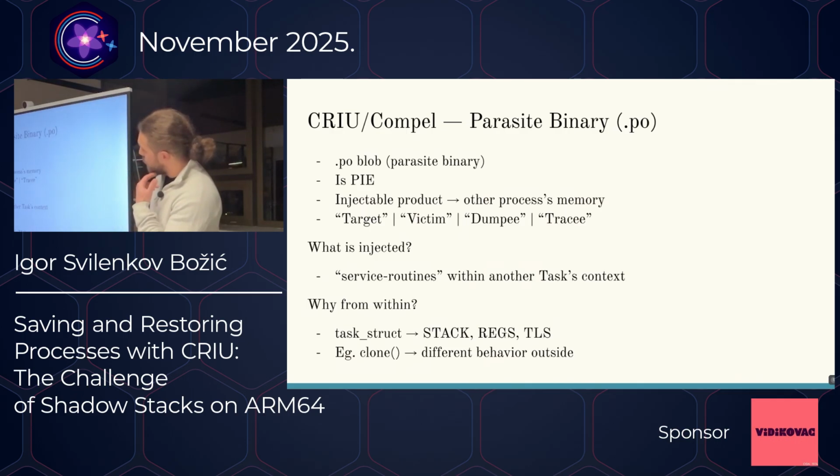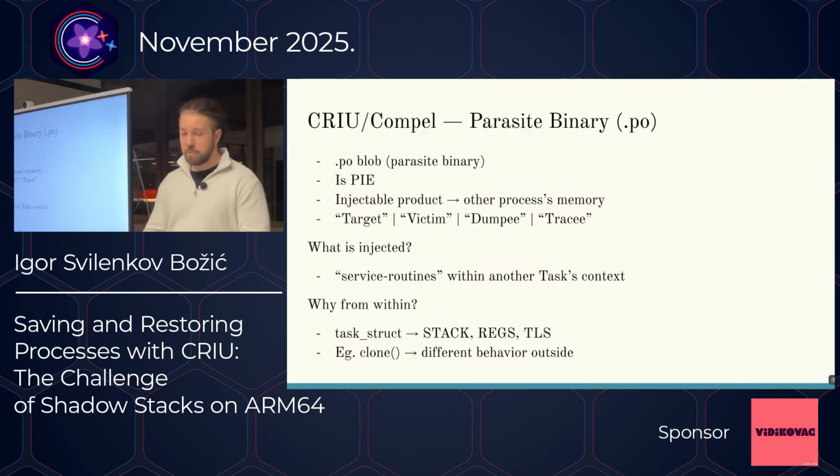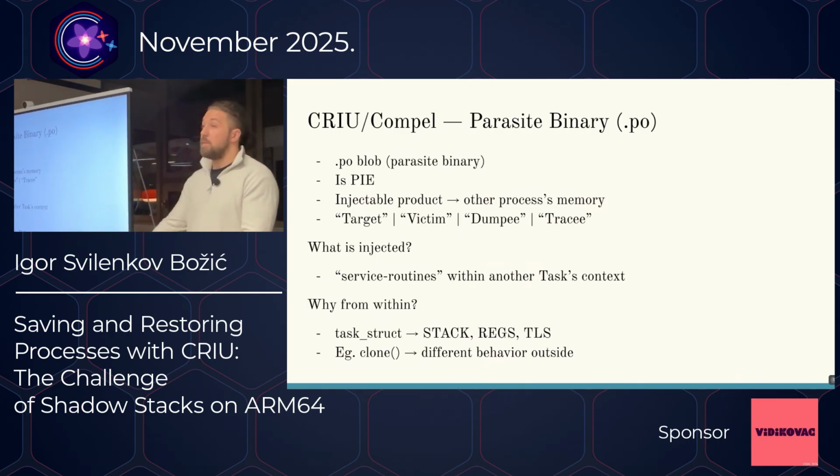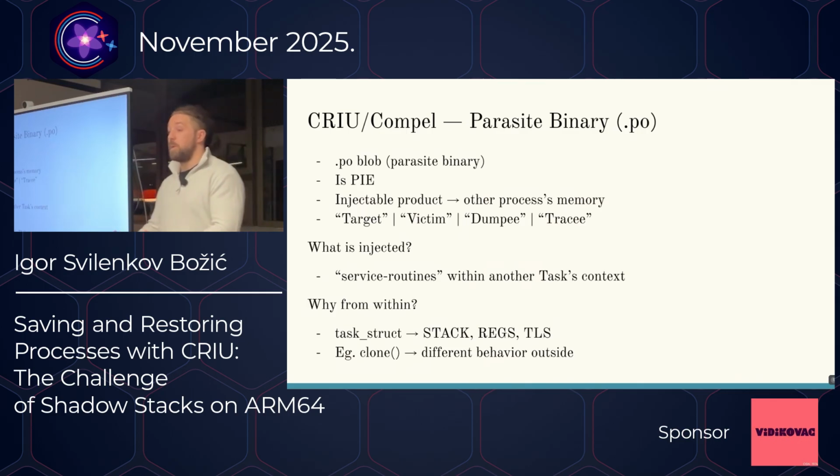Your victim process, where you put your parasite binary, is also sometimes called, especially in CRIU, the dumpee, the tracee when you're in tracer world, like strace, tracer and tracee, and target is just a generic name that's also used. And yes, CRIU injects this binary blob, whose purpose is to run so-called service routines inside another process as if you were that process.